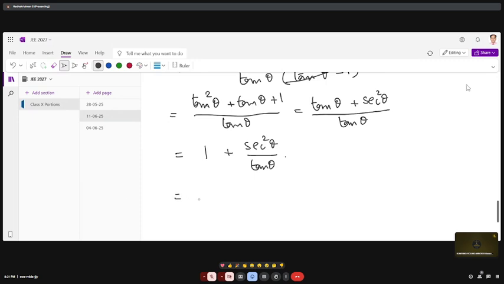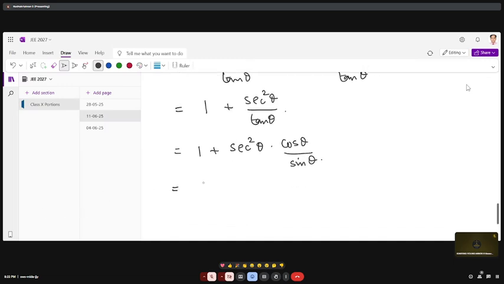Keep secant square theta as it is. Tan theta is sin theta by cos theta, right? So 1 by tan theta is cos theta by sin theta, right?